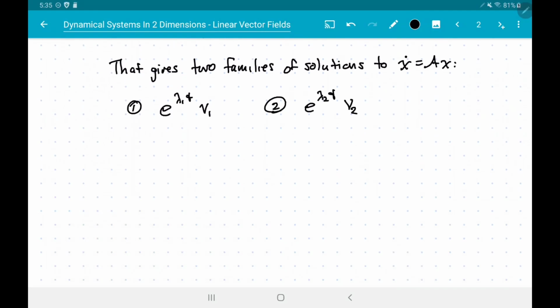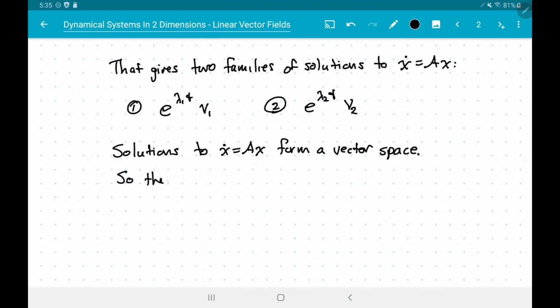Now, if you'll recall, the solutions to an equation like this that's linear in x form a vector space. That means any linear combination of solutions is itself a solution.